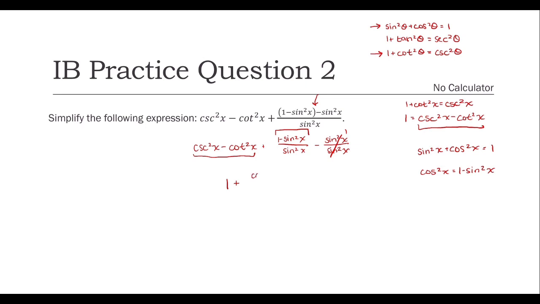So that becomes cosine squared x over sine squared x minus 1. So we have 1 minus 1, so those will cancel. So then we just have cosine squared x over sine squared x, which, since cotangent is cosine over sine, must be cotangent squared x. So that's what that simplifies to, just cotangent squared x.